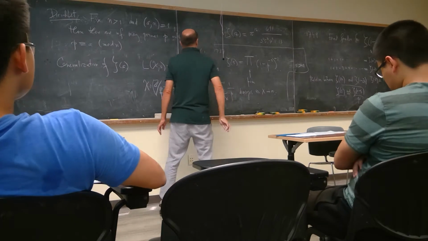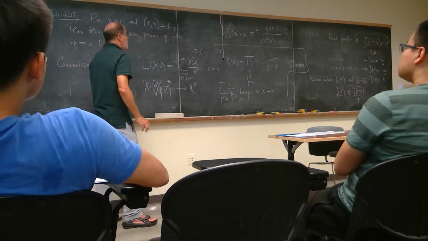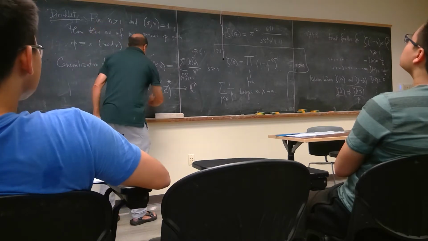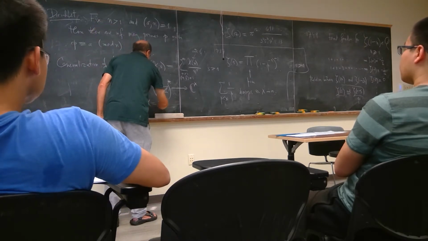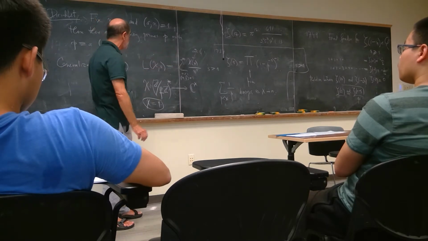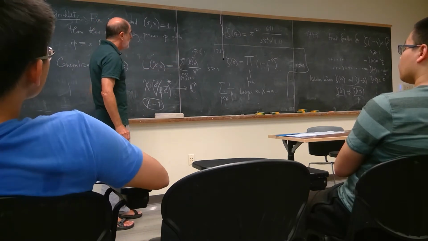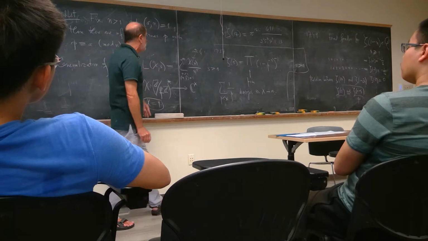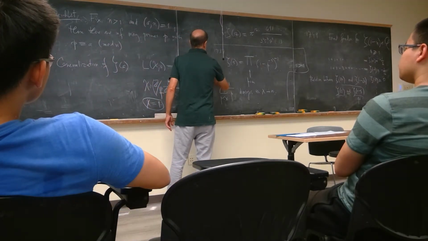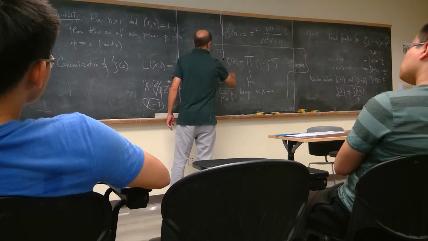But Dirichlet noted that this actually had a larger area of convergence. And if chi is equal to 1, if it's the trivial character, if f is equal to 1, you just get the Riemann zeta function back. But if chi is not 1, then Dirichlet observed that this actually converges for s bigger than 0.